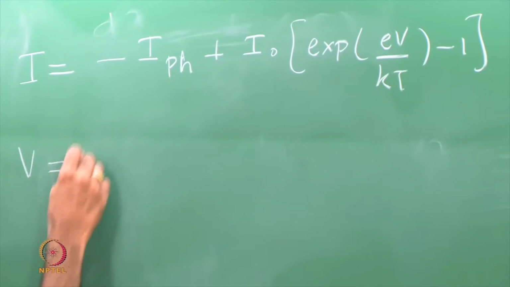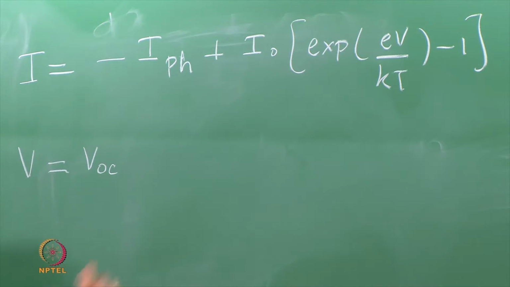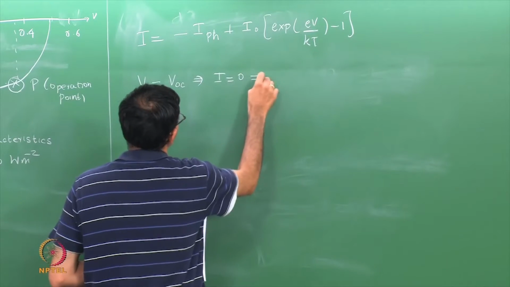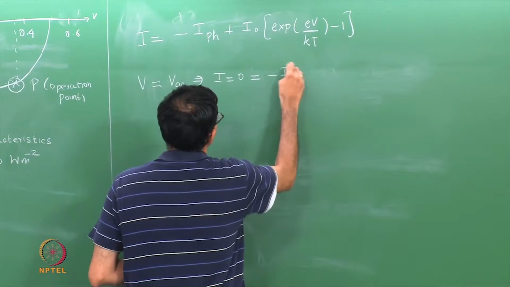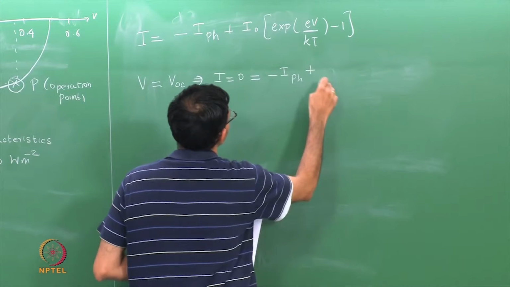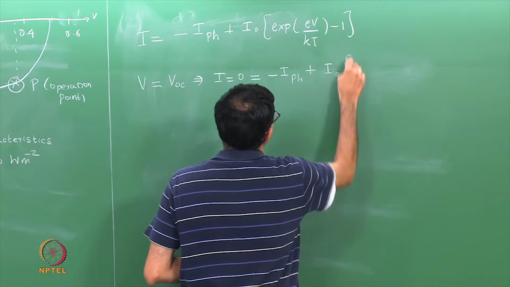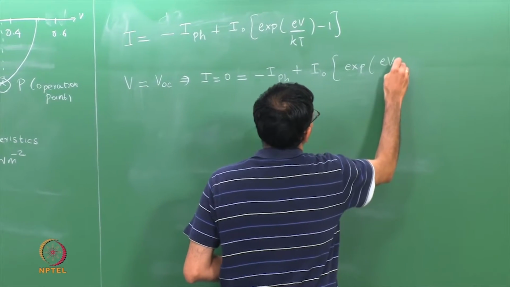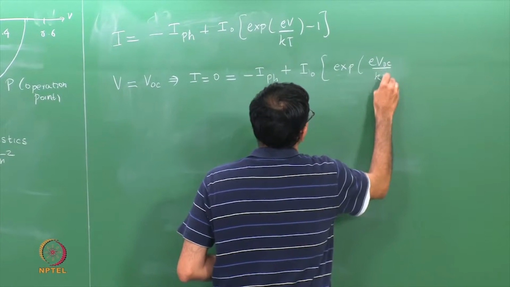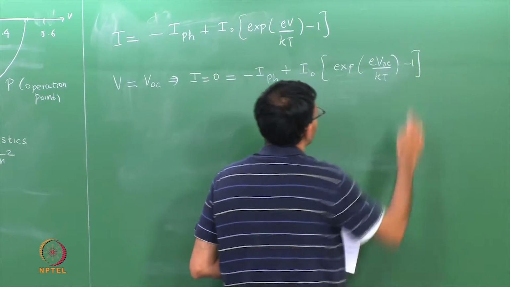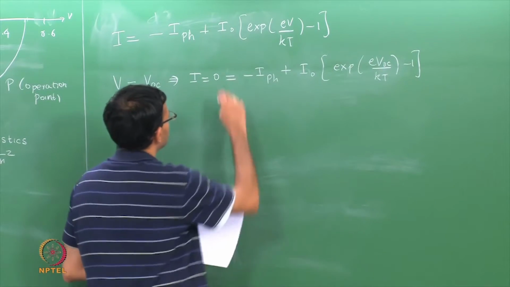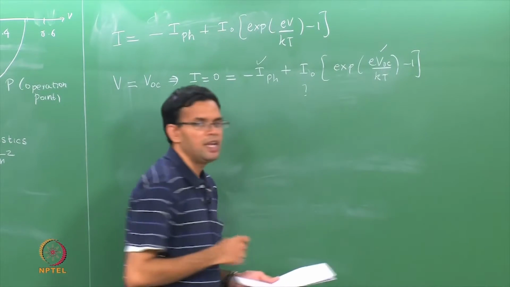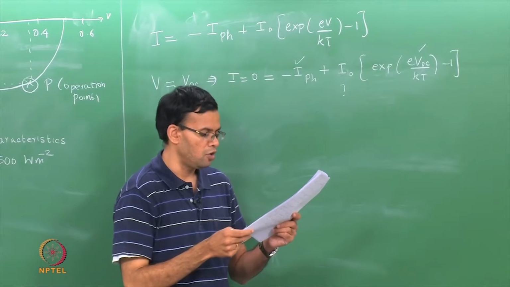So, when voltage V is equal to VOC, which implies current is equal to 0, this is minus IPH plus I naught exponential E VOC over KT minus 1. So, in this IPH is known, VOC is known, the only unknown is essentially I naught.